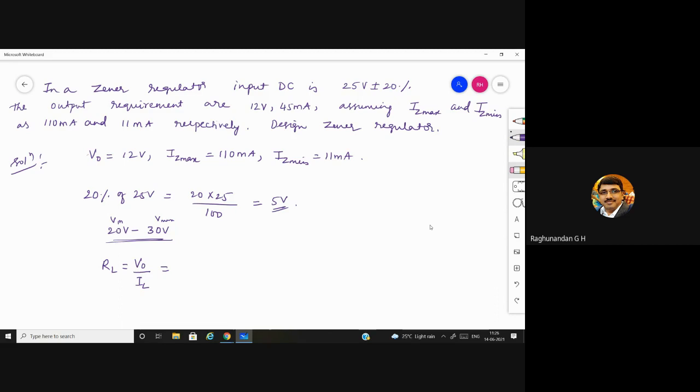The expected voltage is 12 volt, divided by the expected current 45 into 10 to the power of minus 3. The load resistance is 266.66 ohms.